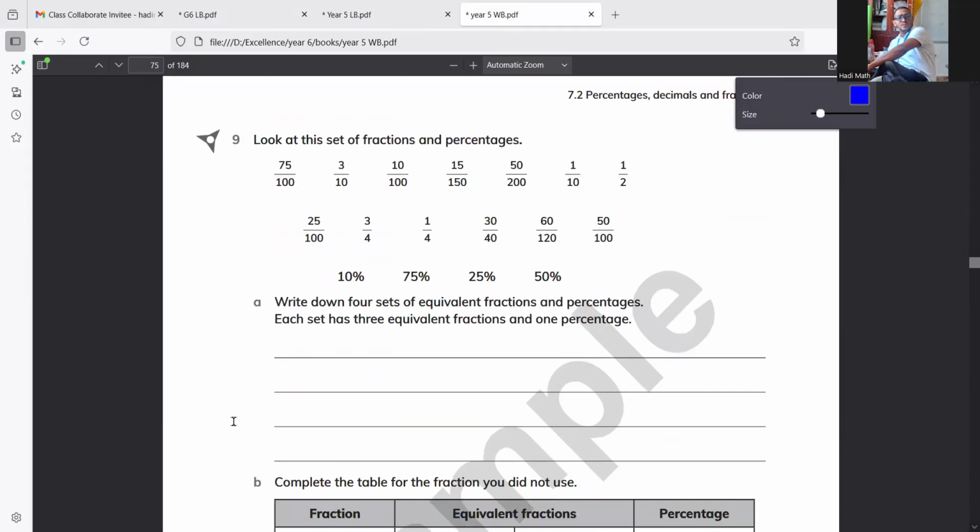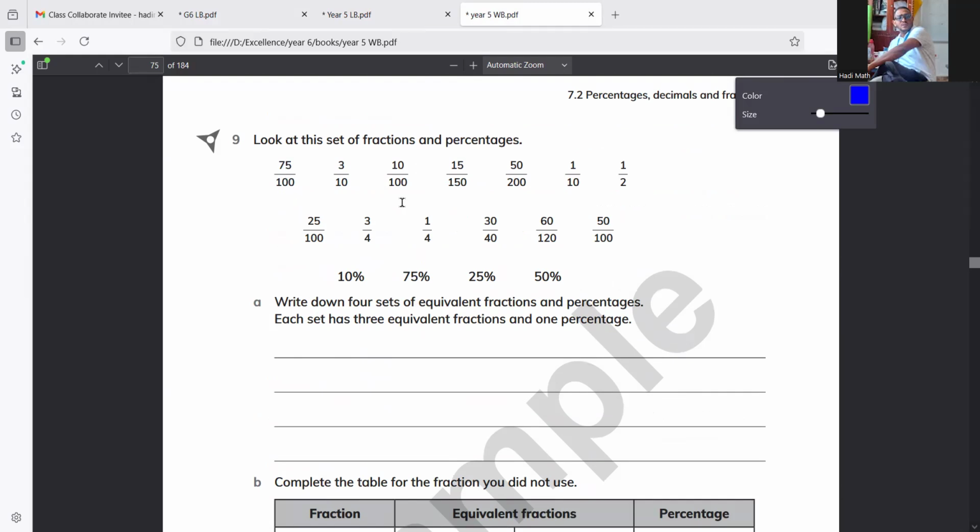Question number 9, they say look at this set of fractions and percentages, and they ask you what? Write down 4 numbers, equivalent fractions and percentage. Each set has 3 equivalent fractions and a percentage. Like 75%. 75% is equal to what?